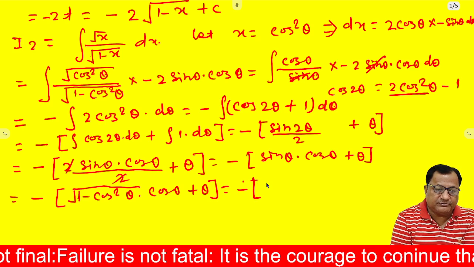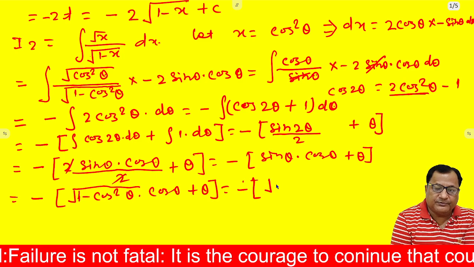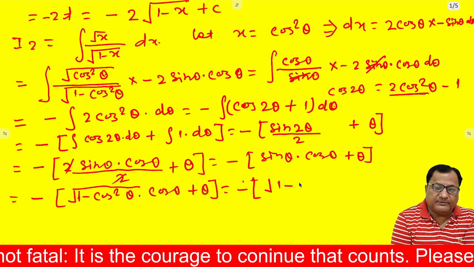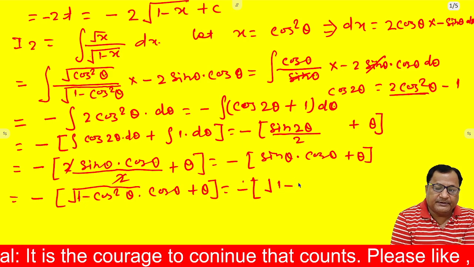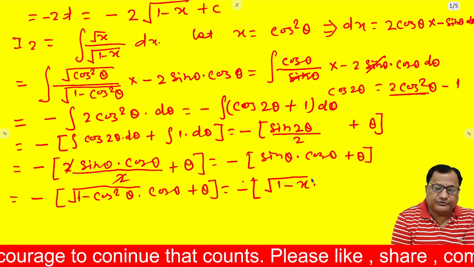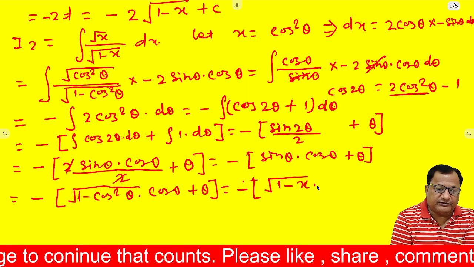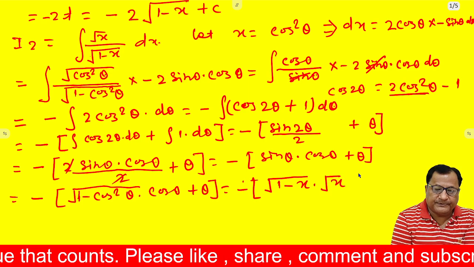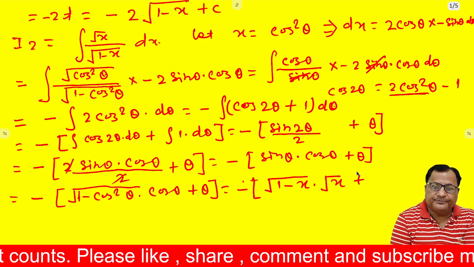Cos square theta is equal to x, so 1 minus cos square theta means 1 minus x, into cos theta, which is root x, plus theta.